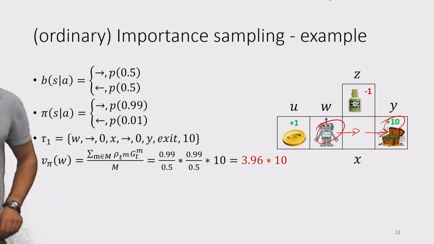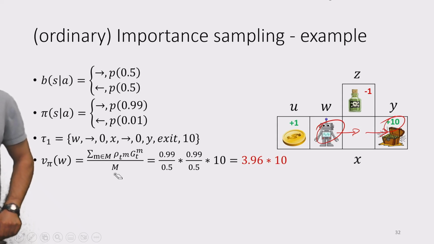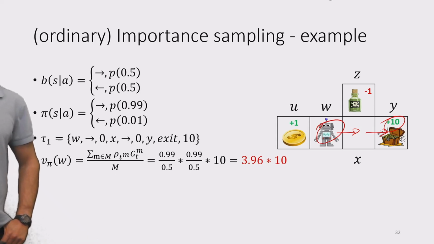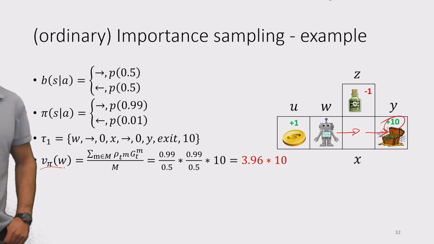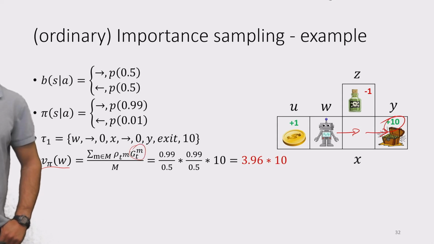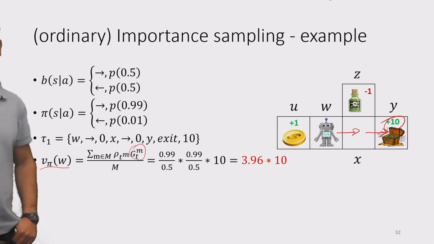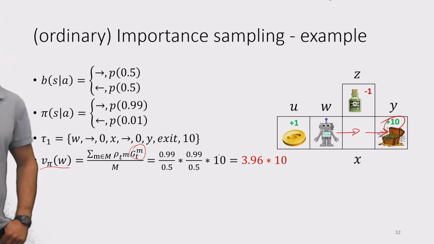So as before, currently we only have a single trajectory. In a second I'll introduce another trajectory. But for each state that we're going to compute the state value for, currently W, we're going to compute the G, which is simply 10 because we assume a discount factor of 1. And we'll multiply that by the importance sampling ratio at each time step. Okay?